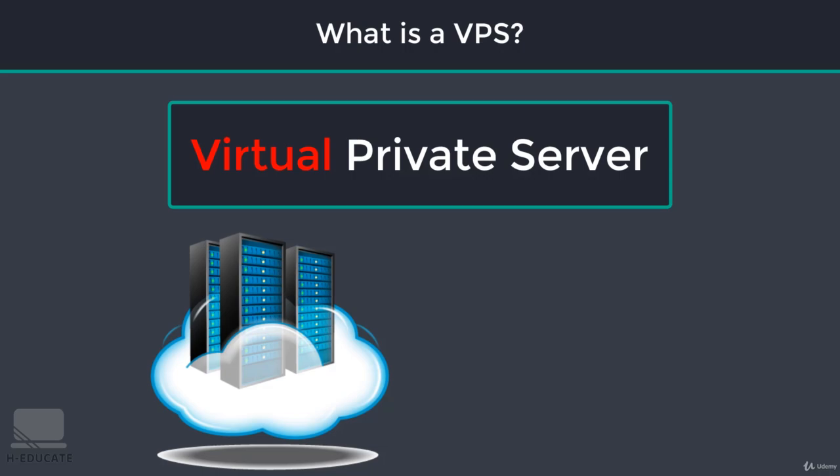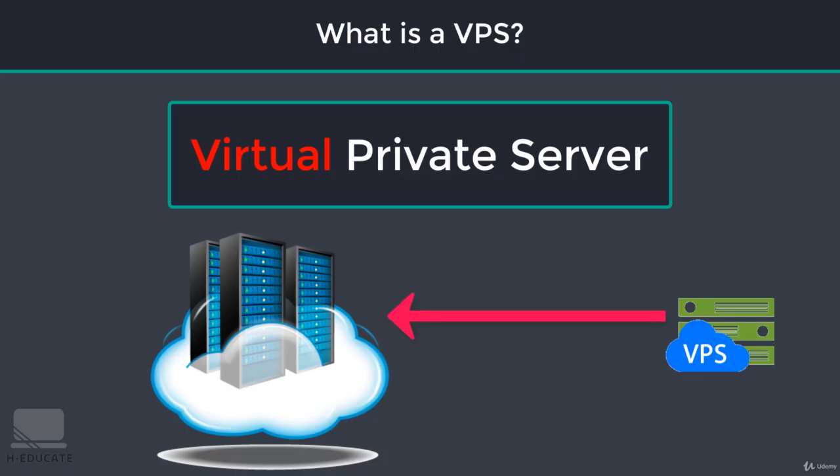Now, when you create your own server or a VPS server, simply they are creating a machine, an operating system for you inside these physical servers. So your VPS machine is simply one of many operating systems running on those physical servers. You don't have to worry about the technical stuff now and virtualization. I just wanted you to know what a VPS is in general.